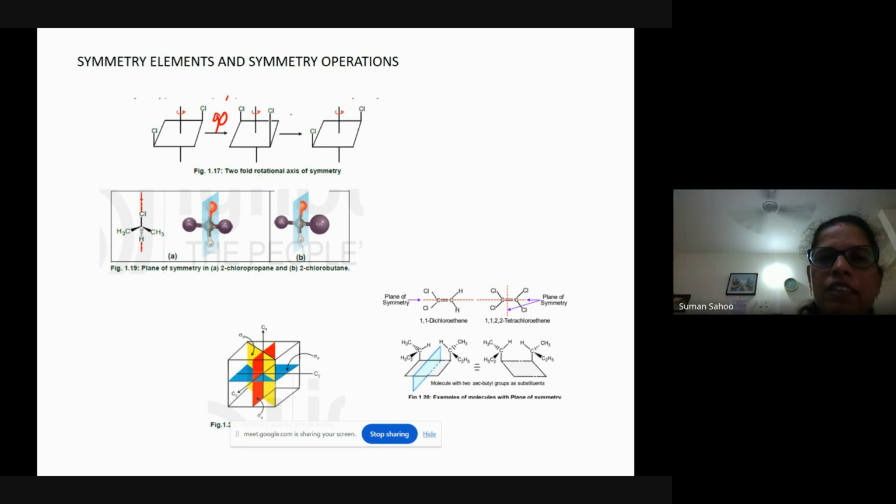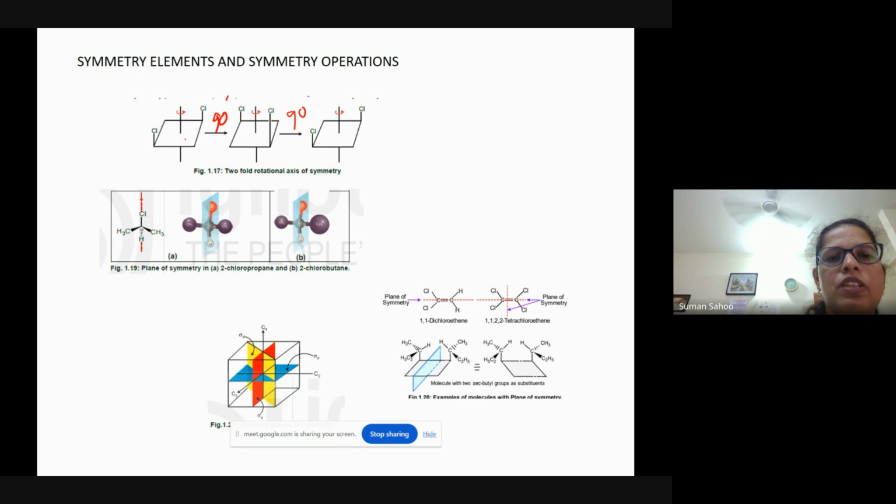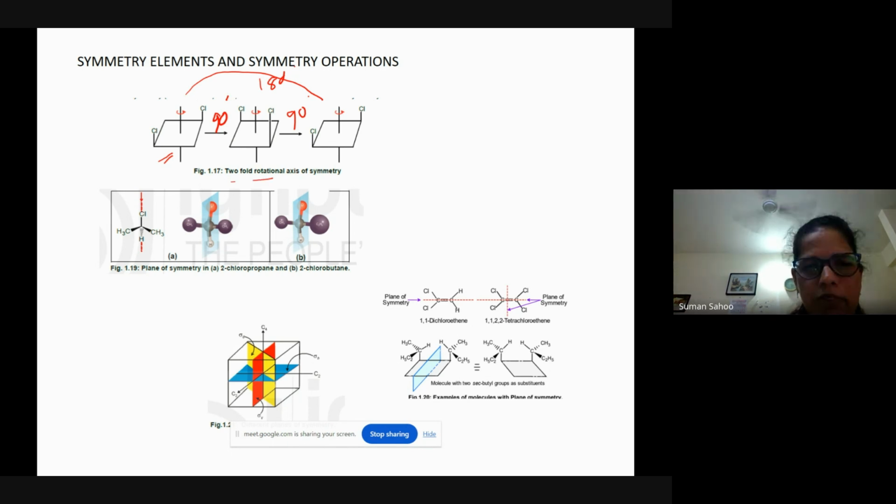But if we again rotate it through 90 degrees, we get the same molecule. So we can say that by rotating the initial molecule through 180 degrees, we are getting the same molecule. So that means you have a two-fold rotational axis of symmetry.